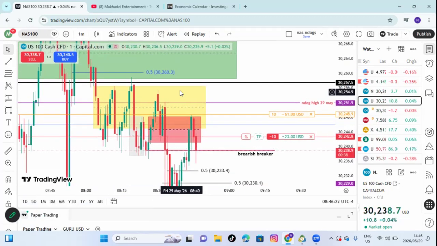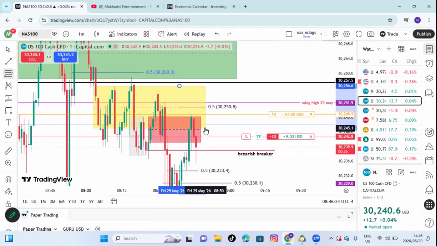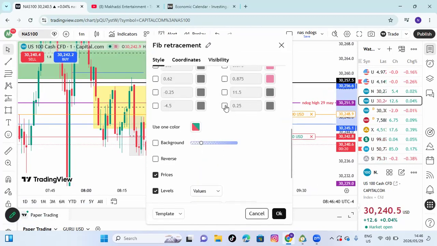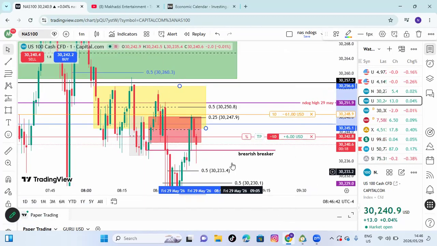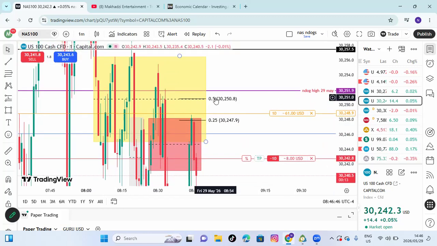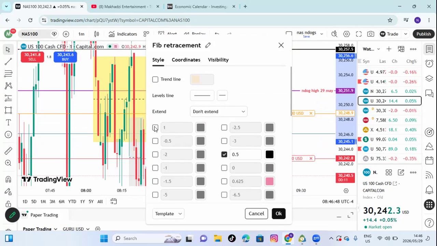If I measure this now, you're gonna see that the 0.2 level is holding this. Okay, I'm gonna do it from the high to the low, and then I'm gonna do the 0.25 level. Let's go there. There we go. Can you see how? Okay, I'm gonna return the 1 level there and the 0 level.